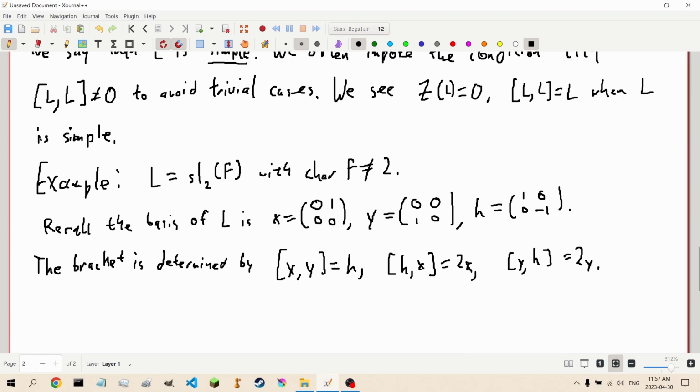And keep in mind that all of our adjoint representations are going to be linear functions on this essentially three-dimensional space. So they're all going to be 3 by 3 matrices. We often talk about adjoint representations as matrices.